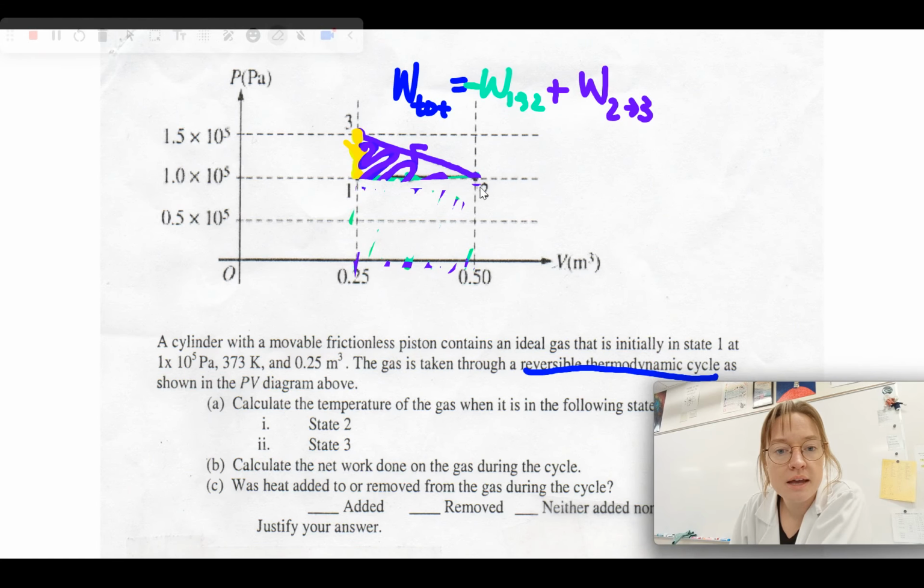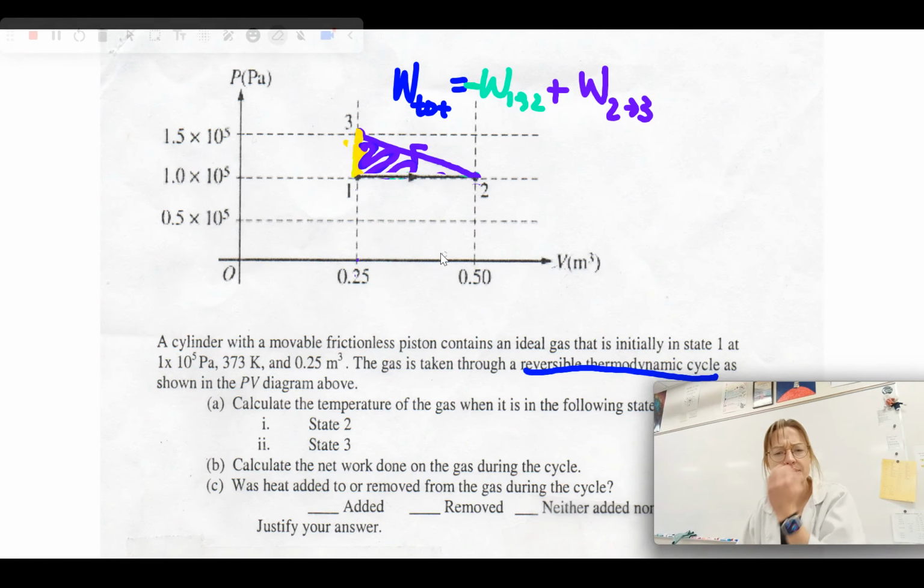Because isn't the stuff that's left in the triangle the total work that gets done when you subtract the work on the bottom from the work on the top here?